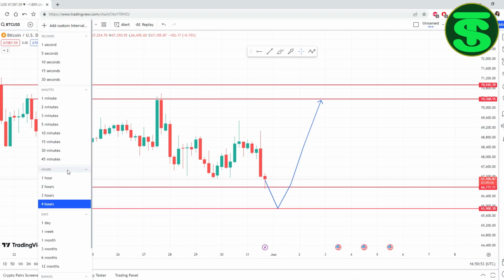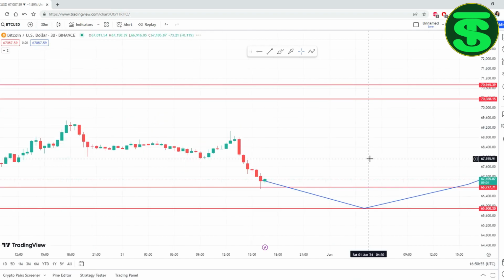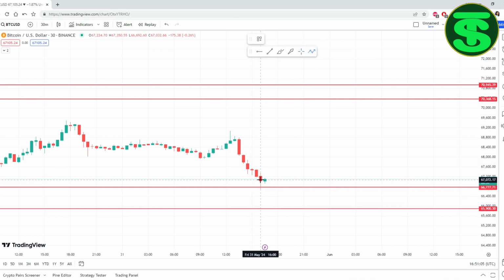If I go to the 13-minute chart, you can see the market is now at this place and wants to go up. How is this possible?